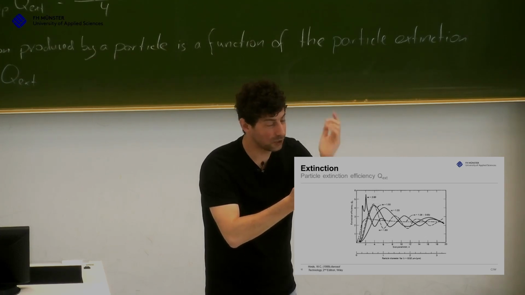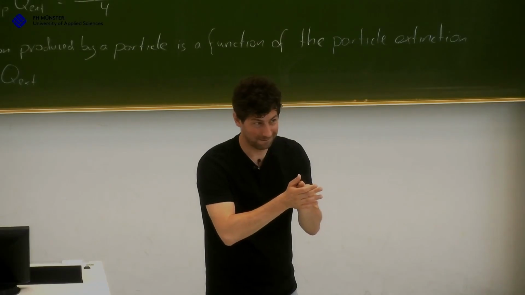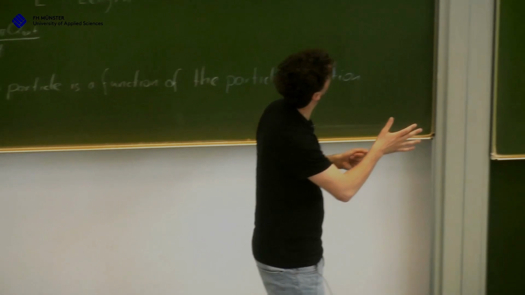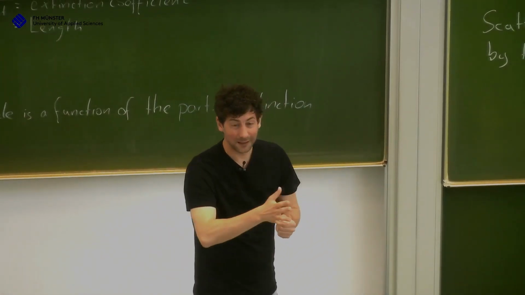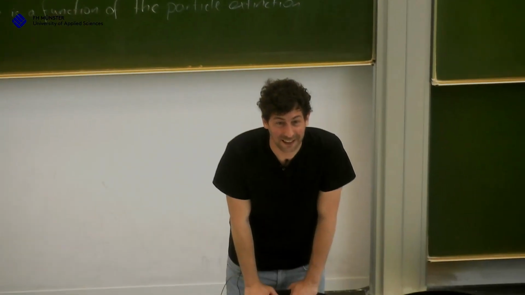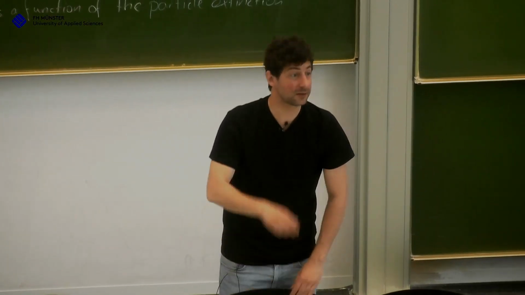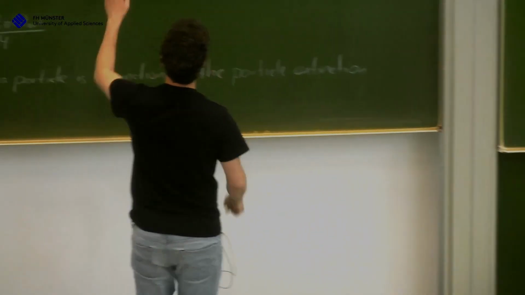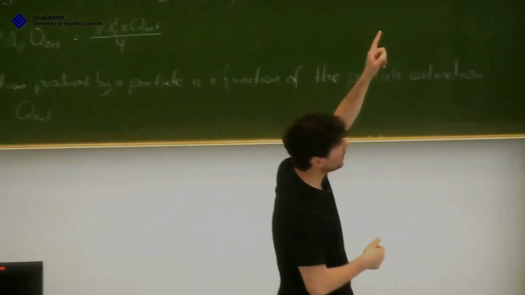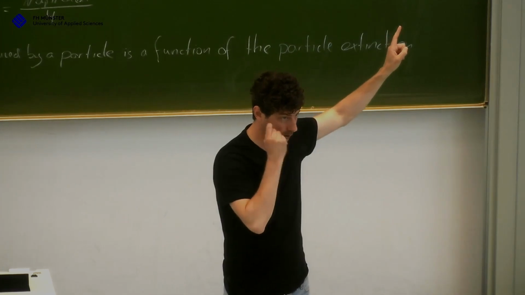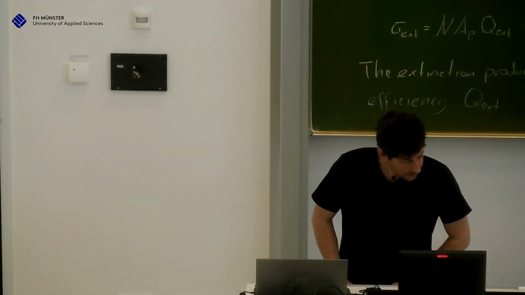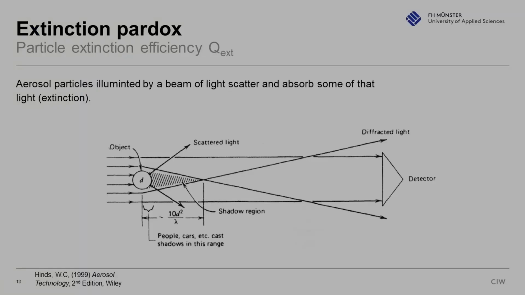You just have to read it. Exactly. So this is calculated for one wavelength in the visible spectrum, so for 500 nanometers. This will change for each wavelength. This is important to understand. This is wavelength dependent.